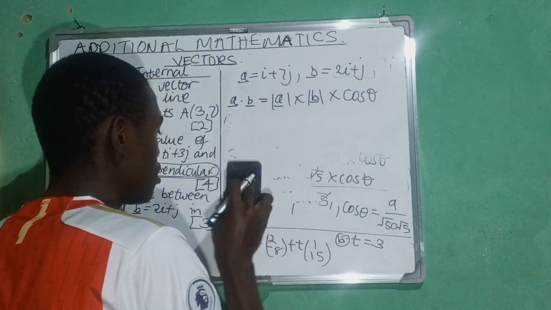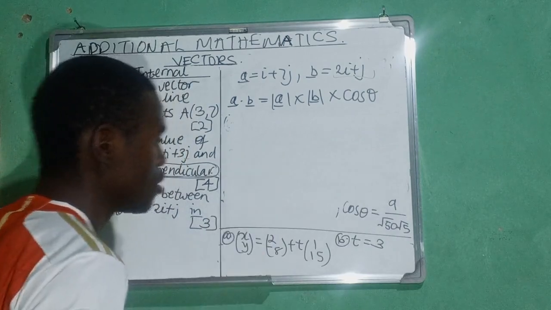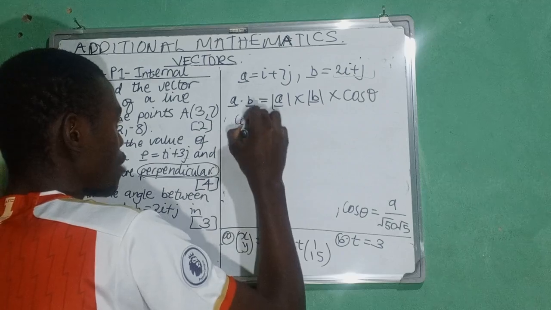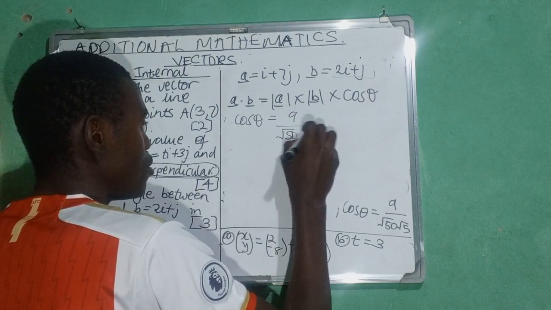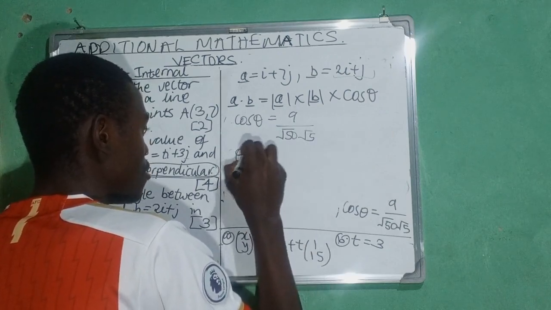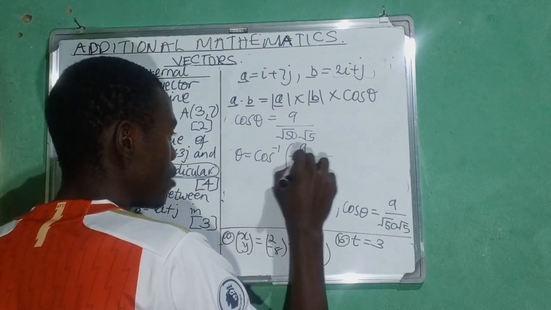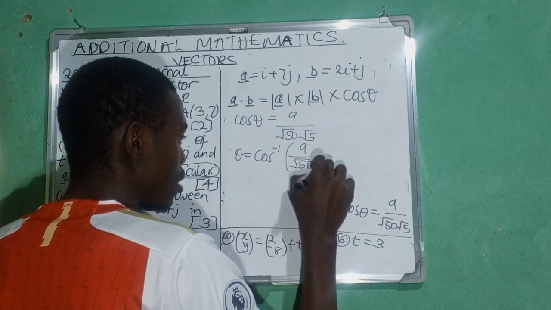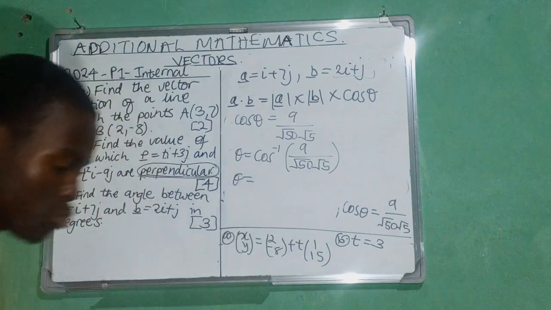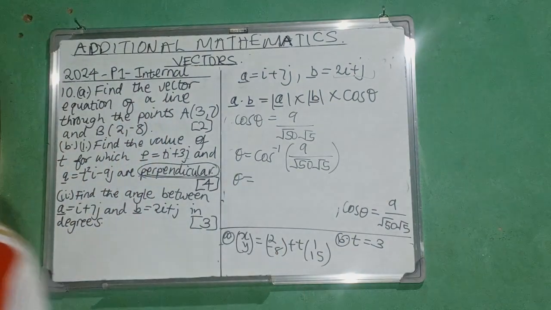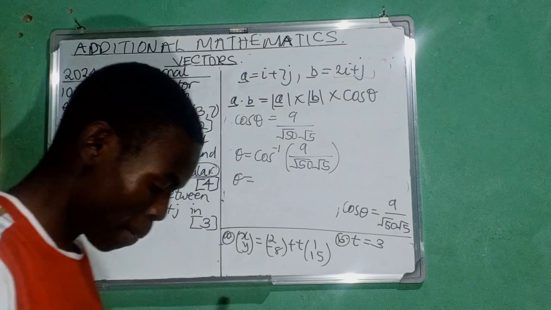Okay, let's clean up so that we can answer the rest of the question. So we are saying cosine theta is equal to 9 divided by root 50, root 5. Theta is equal to cosine inverse of 9 divided by root 50, root 5. To find the final answer here, make sure that your calculator is actually in degrees.